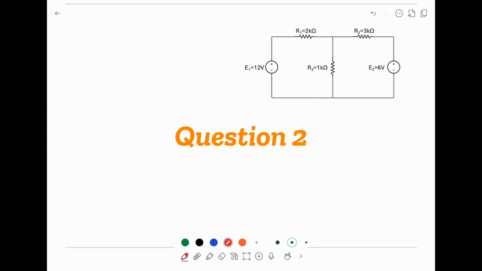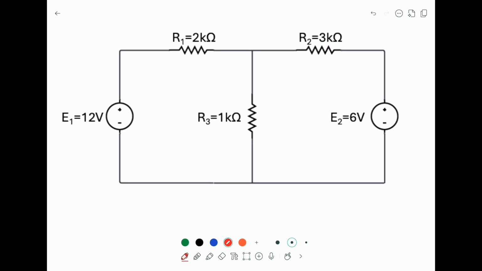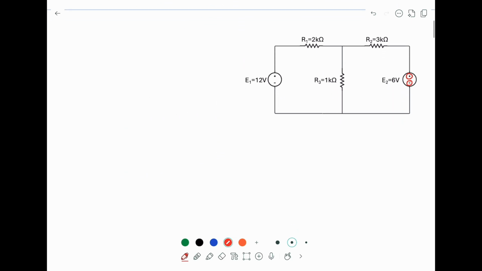This question is the same as the previous one, except the polarity of E2 is reversed. So we have positive here and negative here. Now we can draw the first loop.